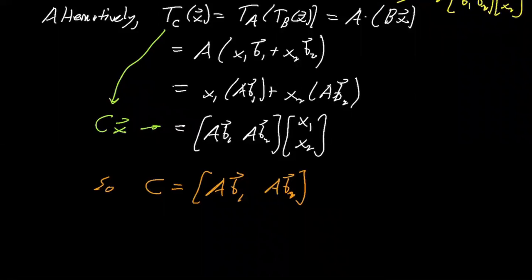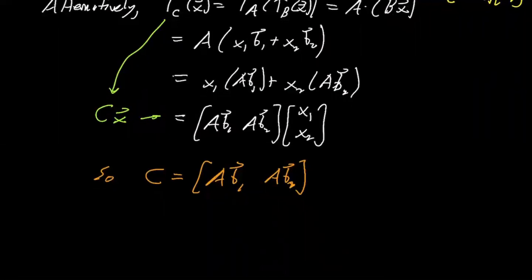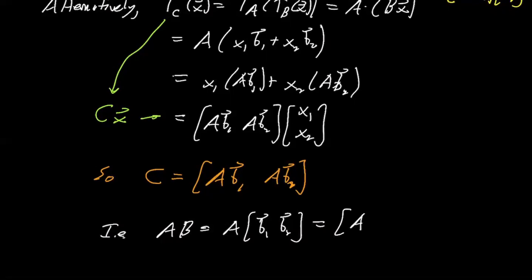I should say it this way: if we want to think about A times B, we can think about it as A times the matrix whose columns we write out explicitly like this. So we basically multiply the first matrix times the columns of the second. That's the other formula for matrix multiplication, but it's equivalent to what I said above. We're multiplying the first matrix times each column of the second.